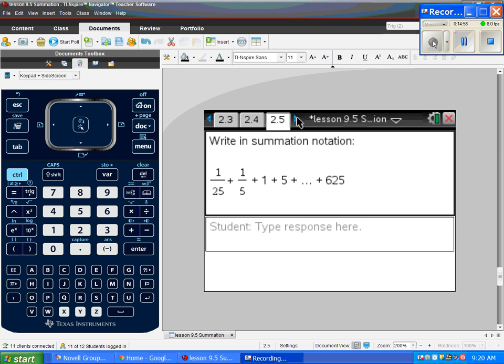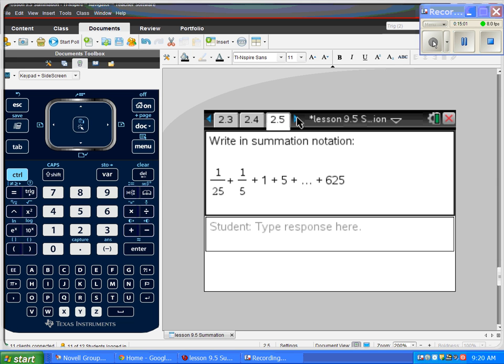All right. Let's go. What's our pattern then? We're multiplying by 5. So how do I rewrite this? If I want to multiply this by 5, in other words, we know the pattern is multiplying by 5.